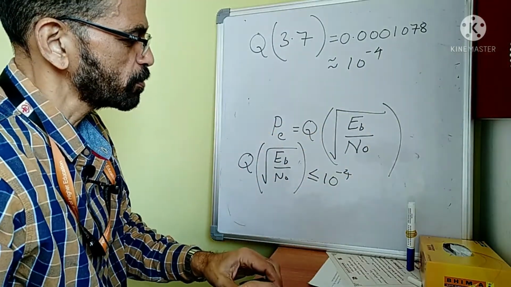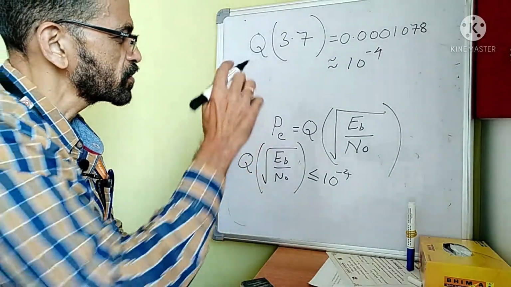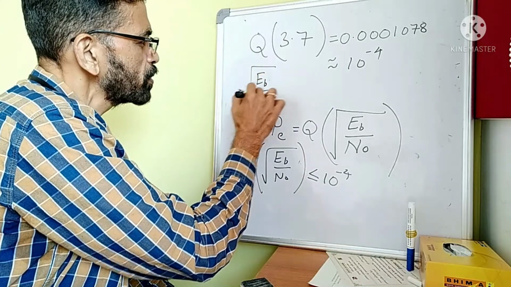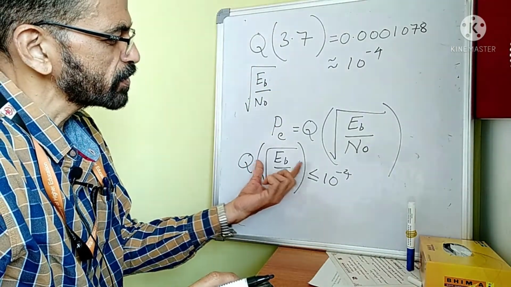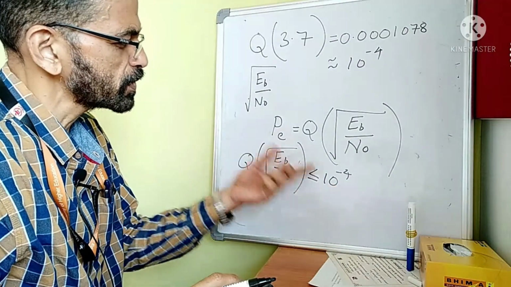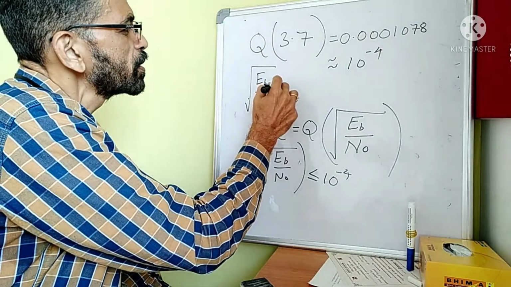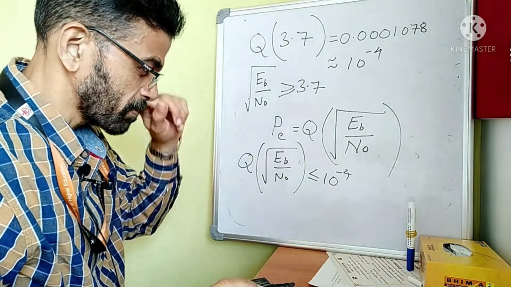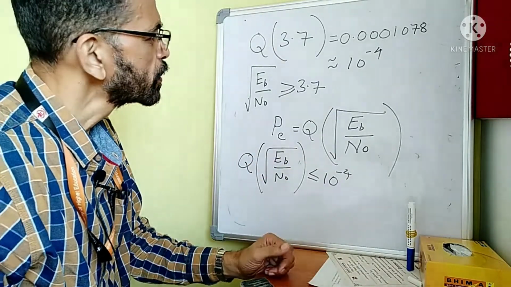we can say that since the probability of error has to be less than or equal to 10 power minus 4, root EB by N naught, if this is 3.7, then we get 10 power minus 4. So this has to be more than or equal to 3.7, because the larger this argument, the smaller will be the value of the Q function.